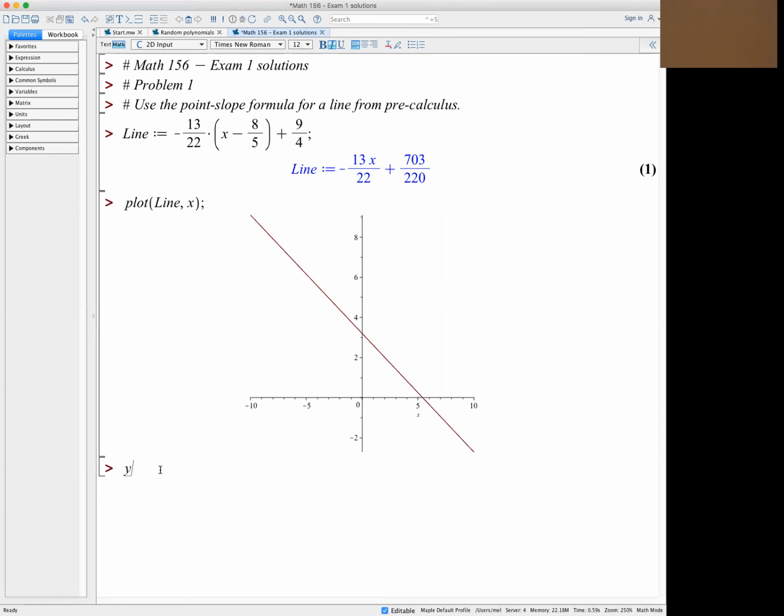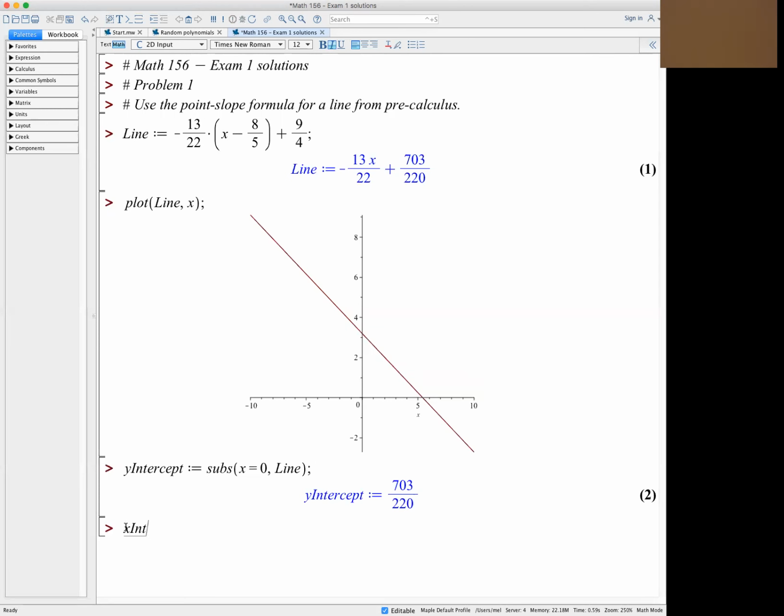So I could say y-intercept, like this. It's what we get when we substitute x equals 0 into the line. And it's 703 over 220, just what we would expect.